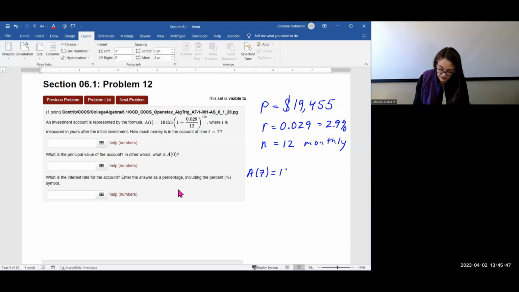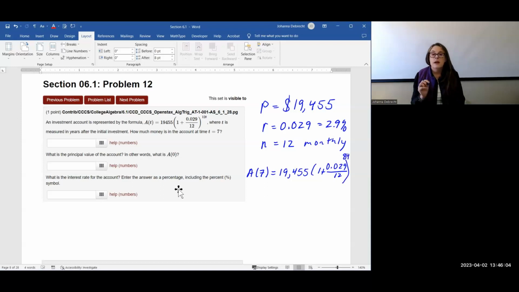And this is going to give us 19,455 times 1 plus, oops, that's a plus, 0.029 over 12, to the 84th. Now, parentheses trump everything. Remember, the order of operations follows the mnemonic PEMDAS. So parentheses trump everything. Inside the parentheses, division comes before addition.